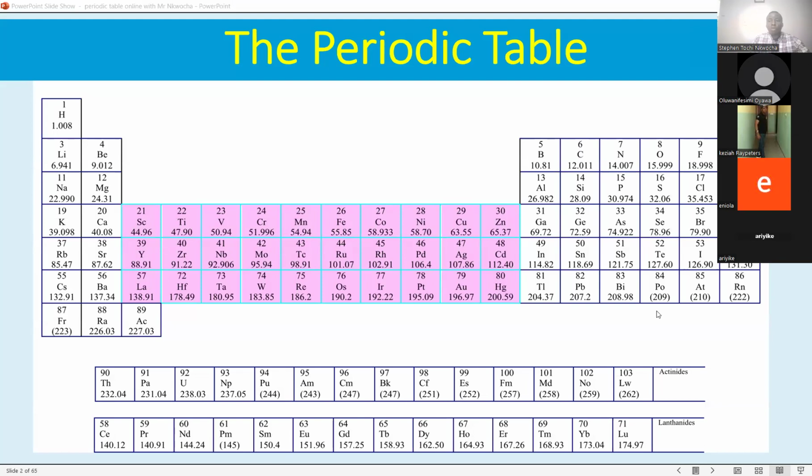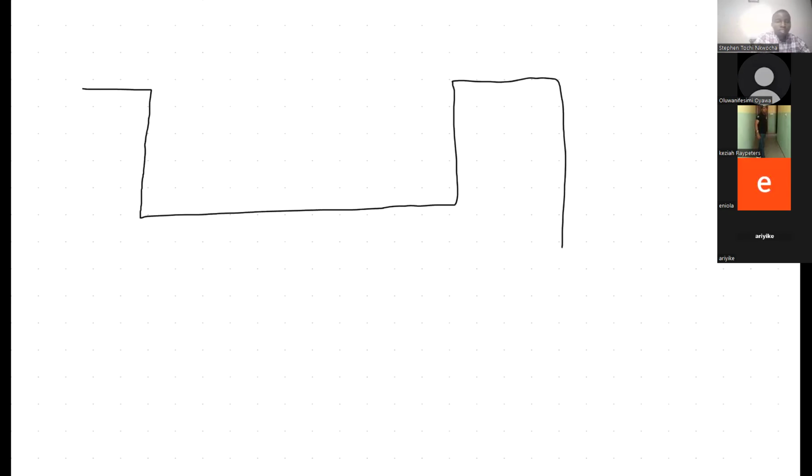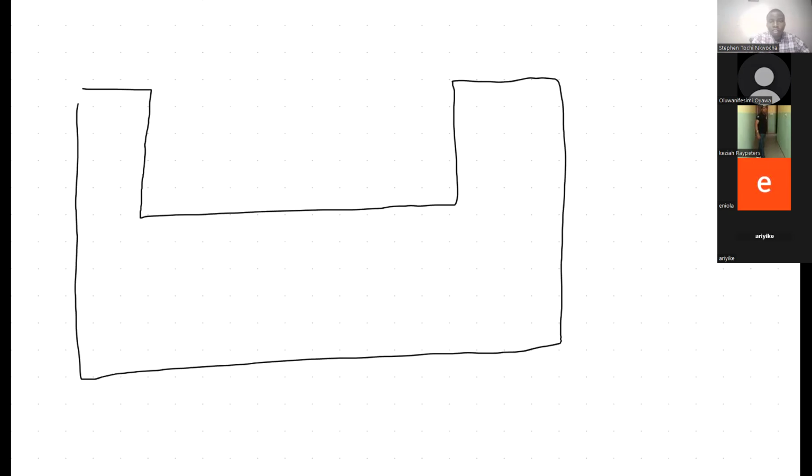Whenever I get to the exam, I just draw my periodic table. I'll annotate and show what I do on my paper. Remember, the first 20 elements.